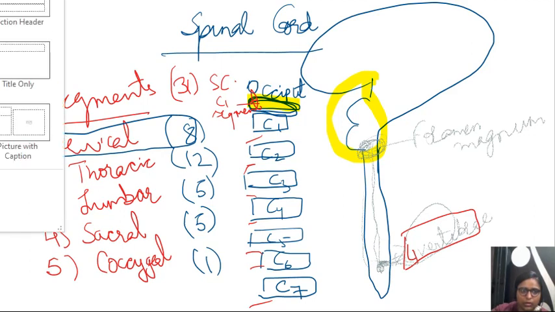Okay, I'll make you understand by taking a new slide. See, it is very important to understand this. Otherwise, if you come across a patient with a spinal cord injury, you have to see at what level the patient got injured.